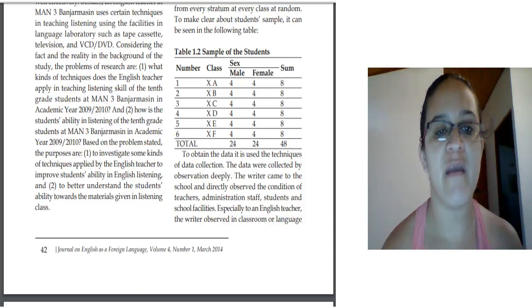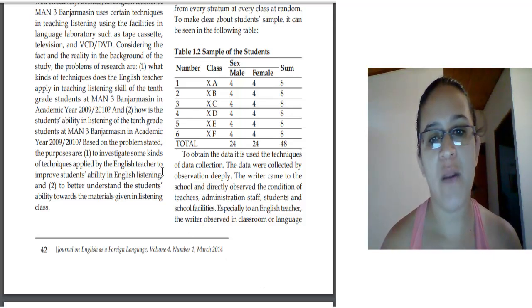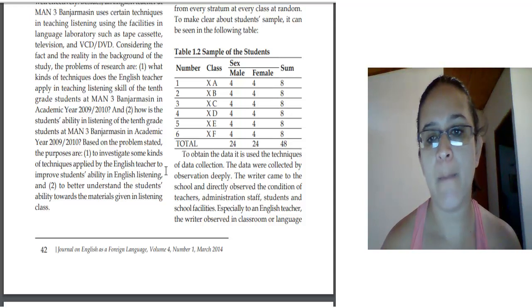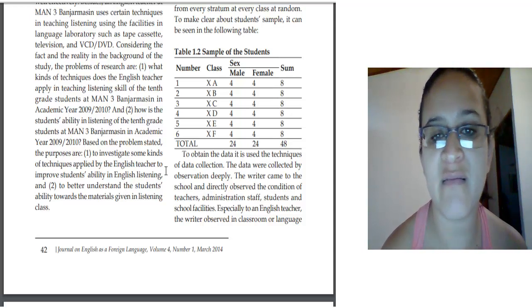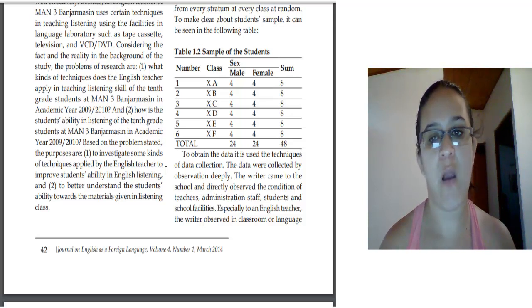This aspect is the first characteristic that this research shows. It is based on a qualitative methodology because, as we remember, qualitative research is focused on investigating issues or phenomena, not measuring variables, like quantitative research. So in a certain way we can say that it is qualitative research, but it's not the only aspect.